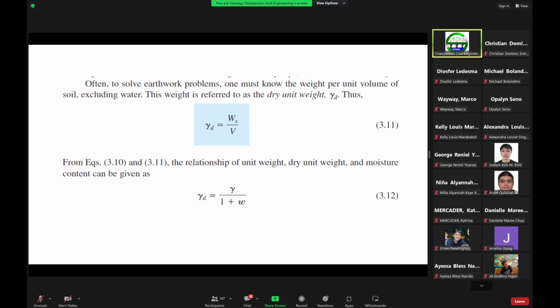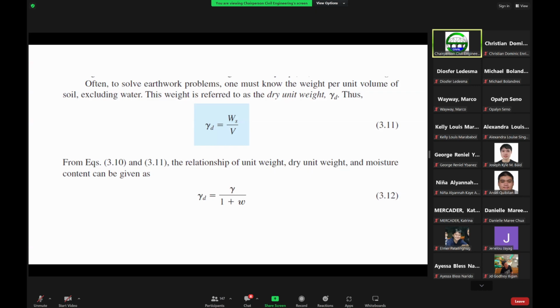Often in earthwork problems, for example, when you are doing backfilling works in construction, there's some cut and fill works. Then one must know the weight per unit volume of soil, but excluding the water.